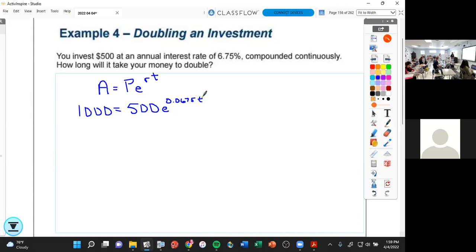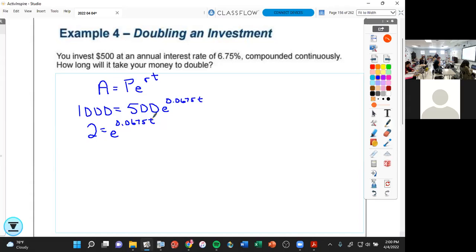Divide both sides by 500. 2 equals e to the 0.0675 t. Where's my variable? Exponent, which means it's exponential. How do I get the exponent out of the exponential?